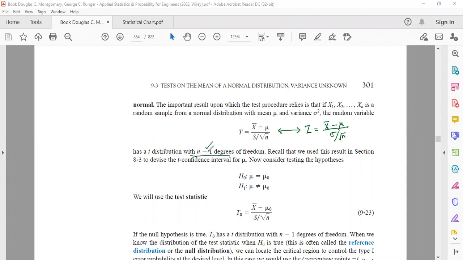Now, this term degrees of freedom is new to you. What is degrees of freedom? Let me explain. Since sigma is not known to us, we want to estimate sigma by some other statistical tool. Sigma hat, this notation, stands for estimator of sigma.